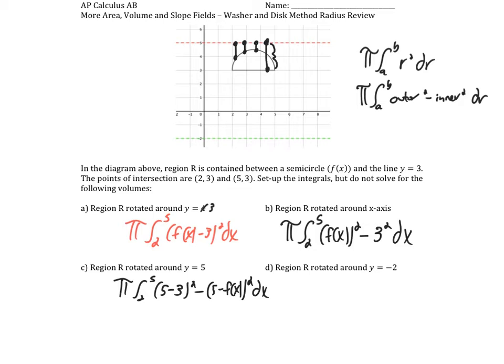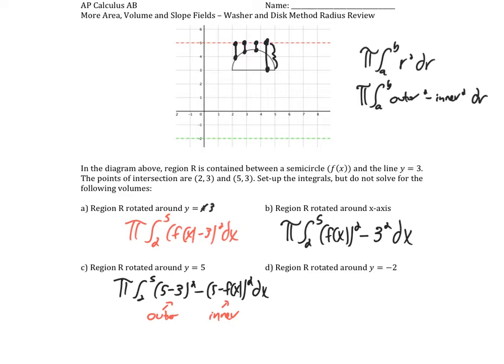But again, let's not forget what I'm defining here: my outer radius minus my inner radius. And the way you can really check what the outer and inner radius are is to draw a line from the axis of rotation to the outermost function and the innermost function.